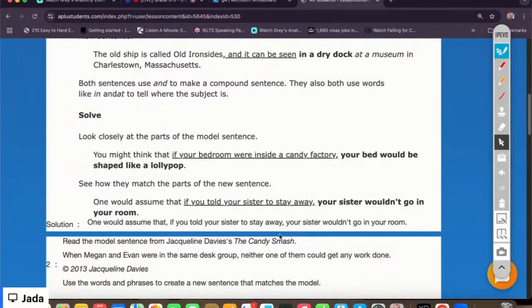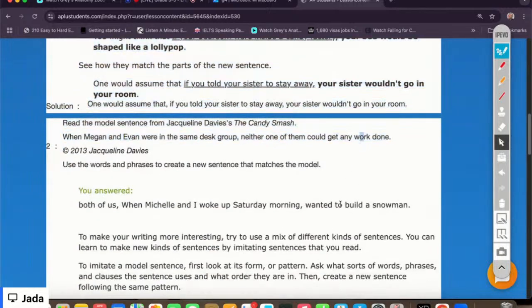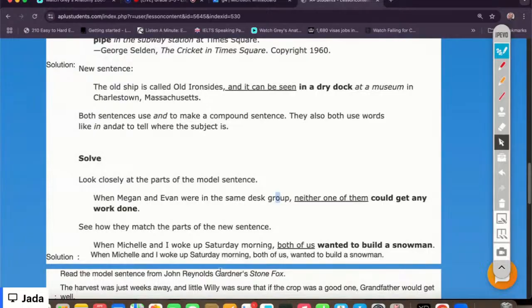So when we create a sentence, we have to make sure that it's similar to the main sentence. So we are imitating the pattern. Okay? When Megan and Ivan were in the same desk group, neither one of them could get any work done. So we have what? When Mitchell and I woke up Saturday morning, both of us wanted to build a snowman.